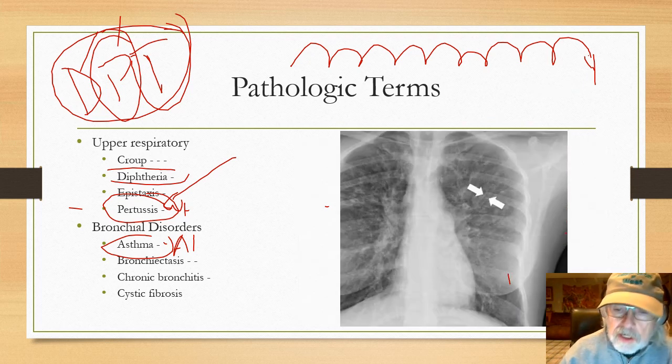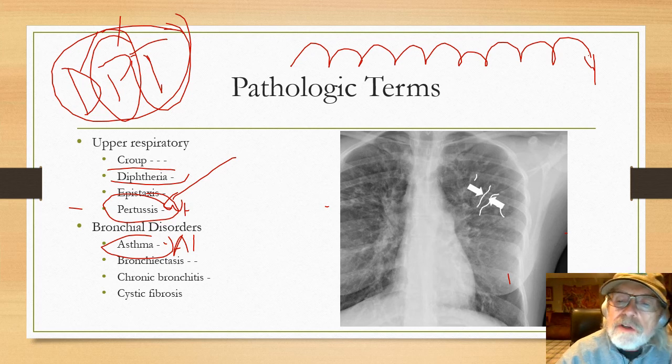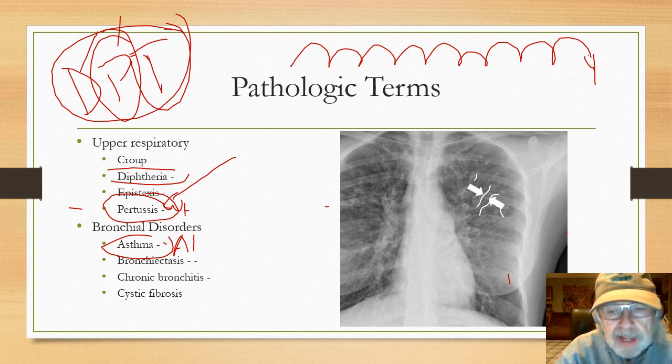And when I actually look at a chest x-ray, look between the two arrows right there. Here's an arrow right here, and here's an arrow right here. See those two white lines that go in there? It's probably easier to see them. One line goes this way and one line goes that way. They're actually straighter and closer together. That's the wall of a larger airway that's basically dilated, stuck, and all scarred.